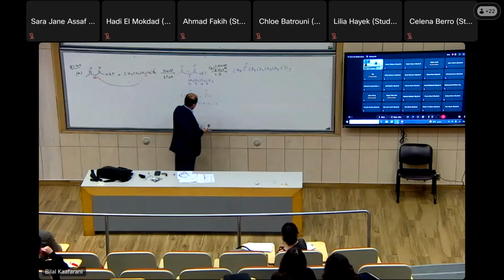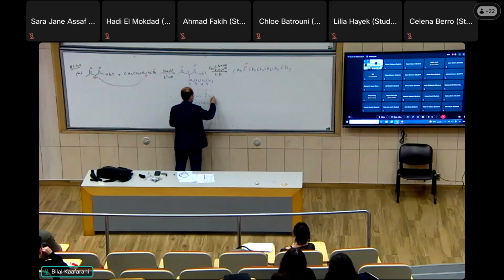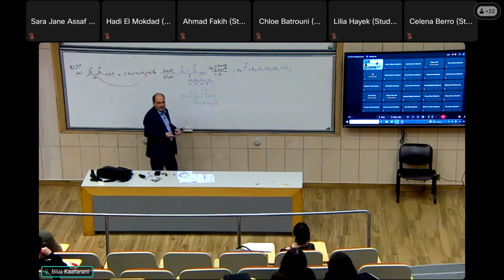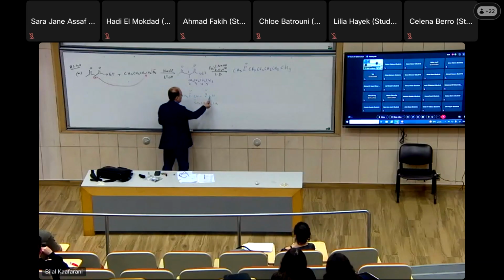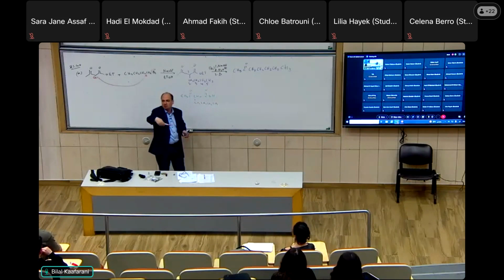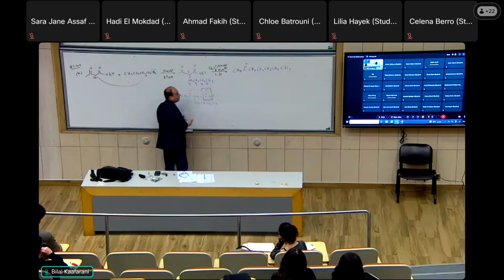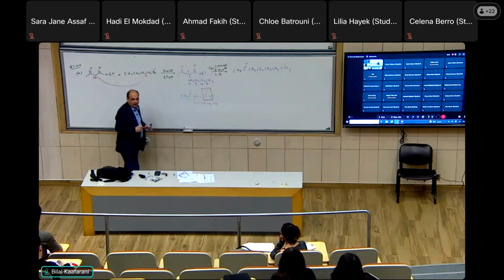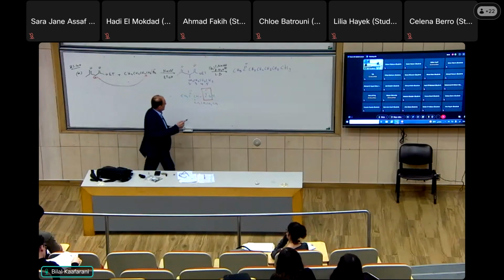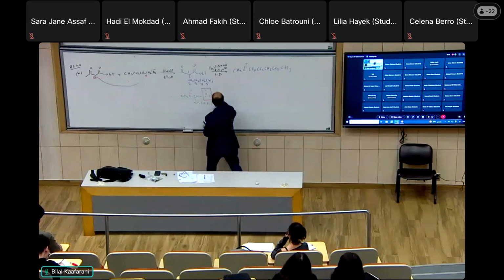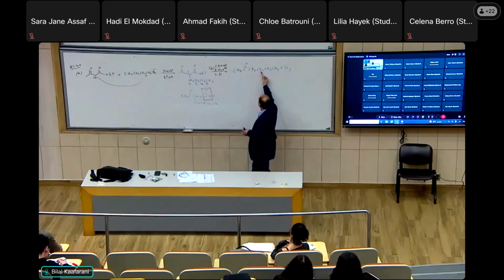O minus will be OH. Then you added heat. This carbonyl is beta to the CO2. I told you this is going to be repeated almost in all reactions. You get rid of the CO2. Okay? So your final product will be CH3, this hydrogen is going to be here now, CH2, and then we have 3 methylene groups and CH3.